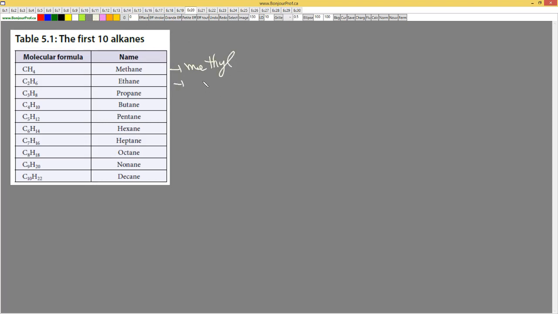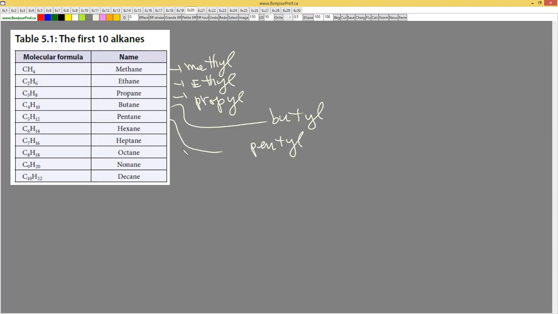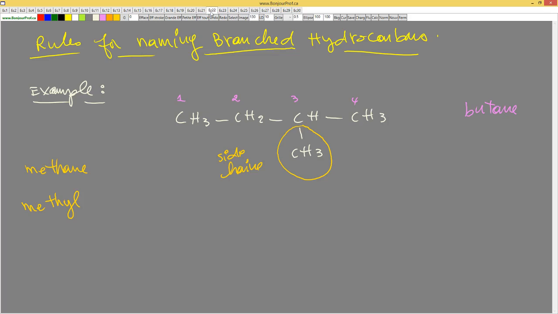This one we're going to call ethyl, propyl, butyl, pentyl, hexyl, etc. You understand? You understand when it is a side chain with 1 carbon, 2 carbons, etc. So now we understand how we name them.